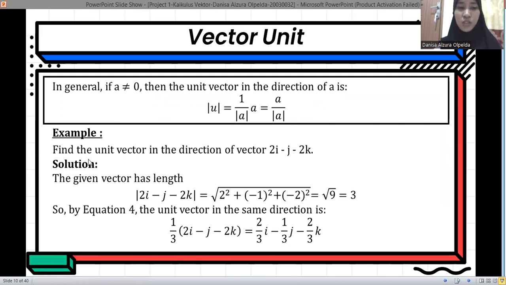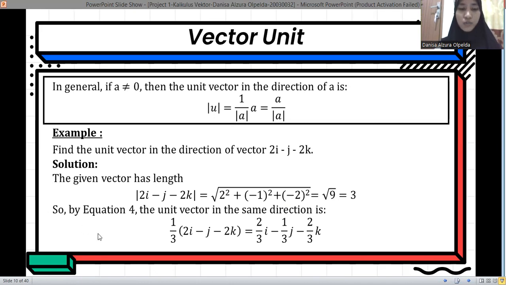Example, find the unit vector in the direction of the vector 2i minus j minus 2k. Solution, the given vector has length equal to the root of 2 squared plus minus 1 squared plus minus 2 squared, is equal to the root of 9, is equal to 3.